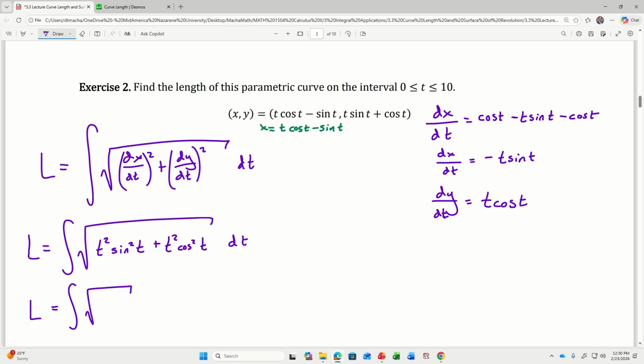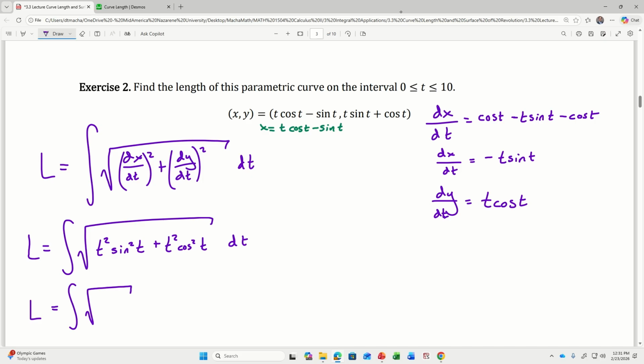How do I simplify the radicand? Well, sine squared plus cosine squared is 1. Sine squared plus cosine squared is 1. And that means this simplifies to 2t squared plus 1.